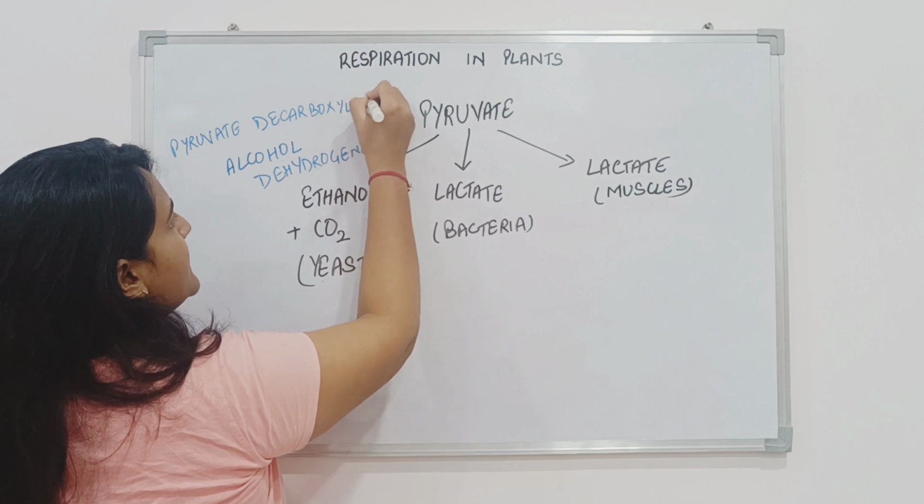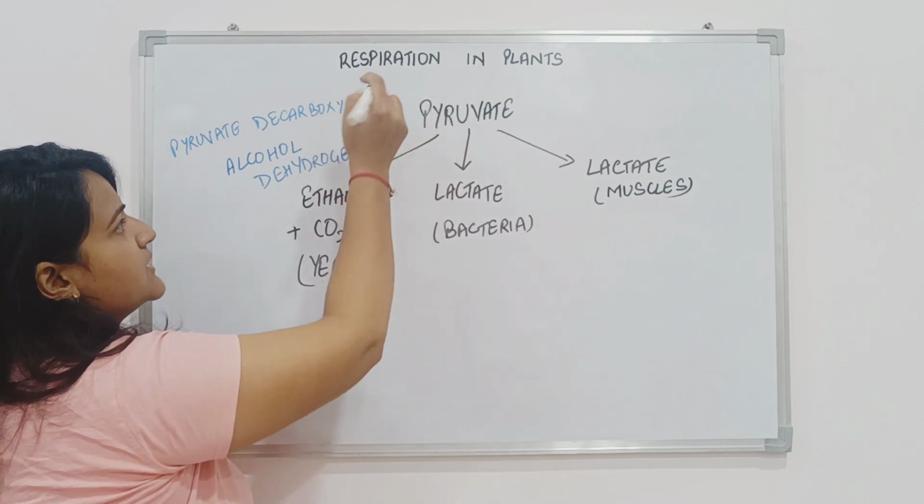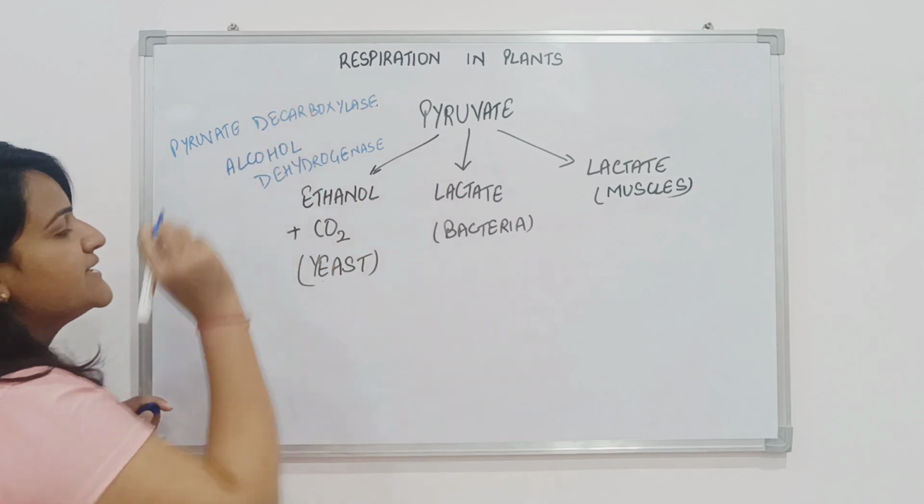Right? Two enzymes are used for the production of ethanol, that is in yeast.